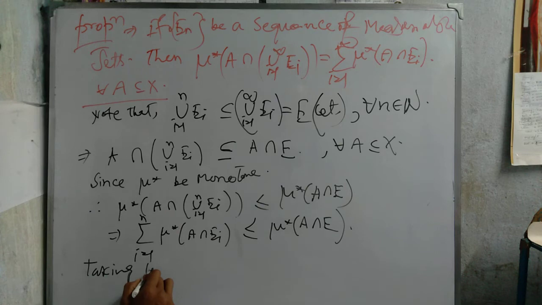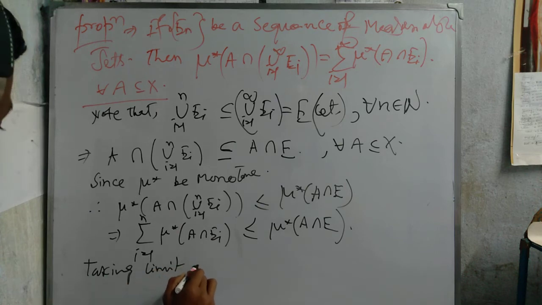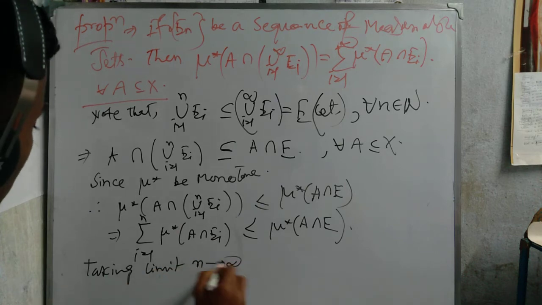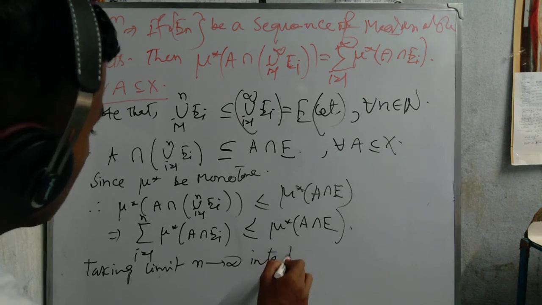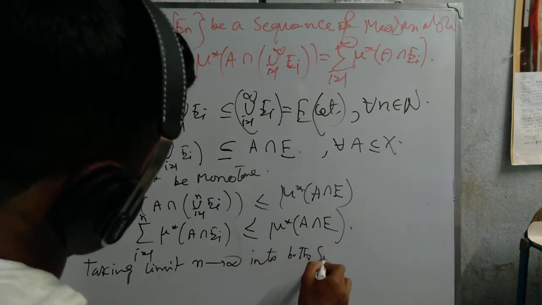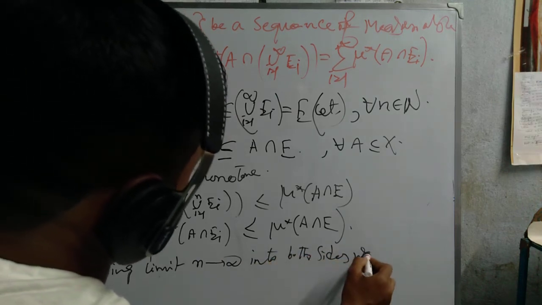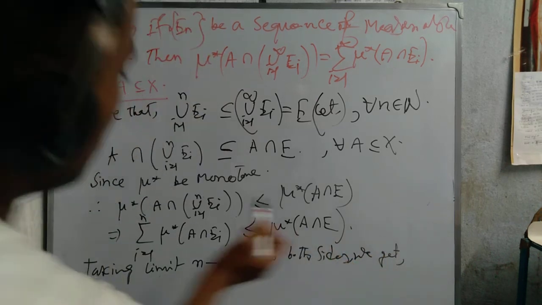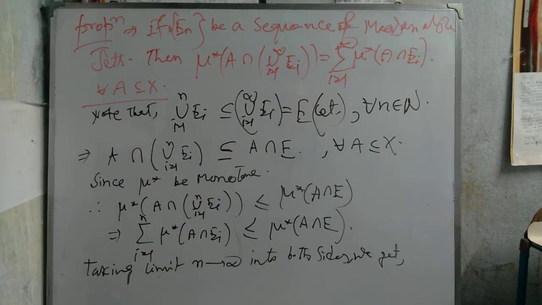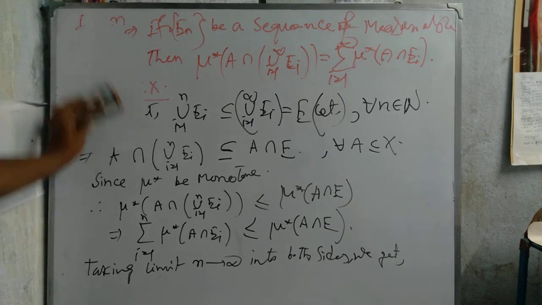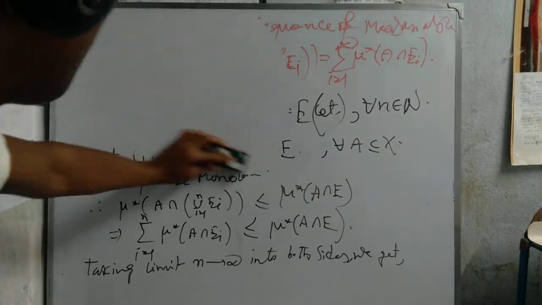We take the limit as n tends to infinity on both sides. We get this. Okay? So we are done with this portion and go to further discussion.